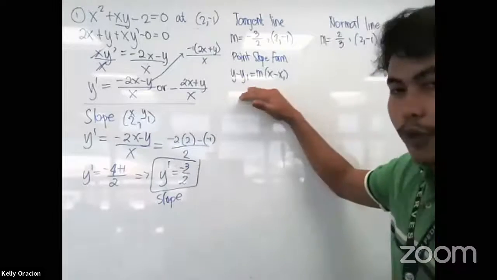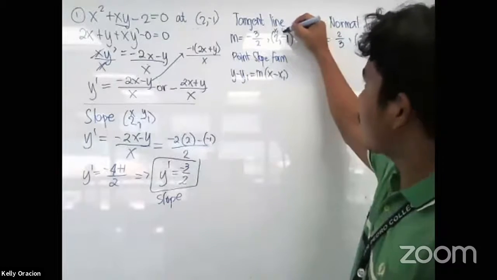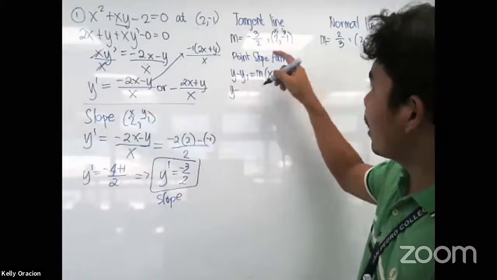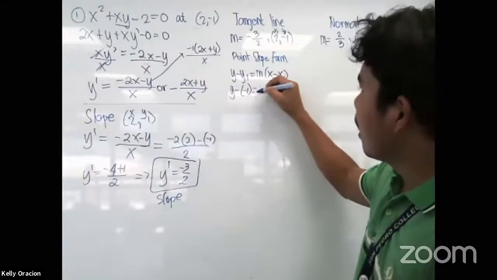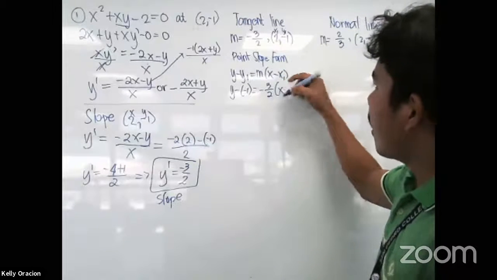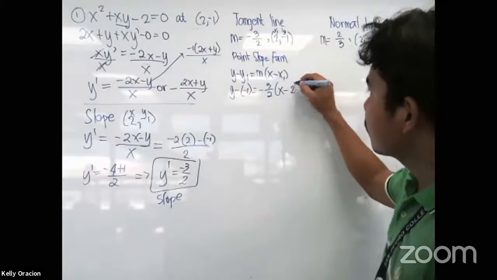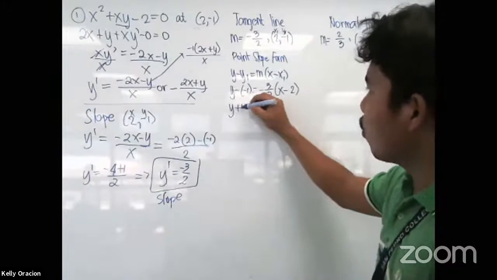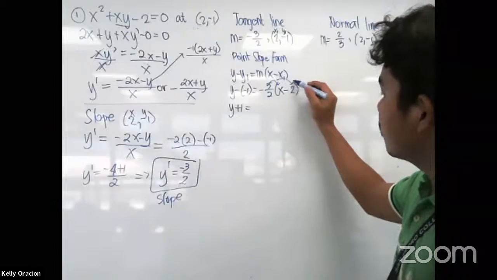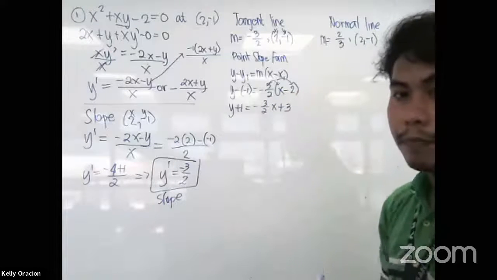So in this case, we are going to use the point slope form. This is x sub 1, this is y sub 1. So y minus, our y sub 1 is negative 1. Our slope is negative 3 halves. Our x sub 1 is 2. Then y plus 1, distribute: negative 3 halves x and positive 3.